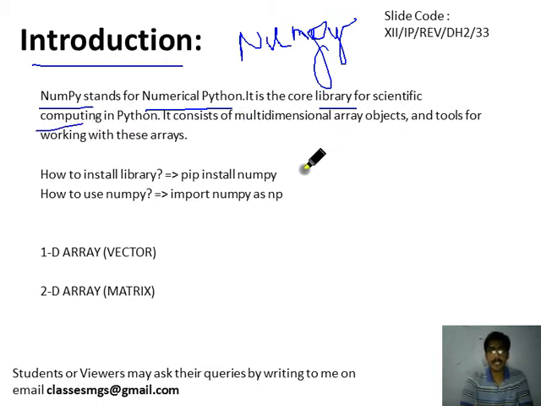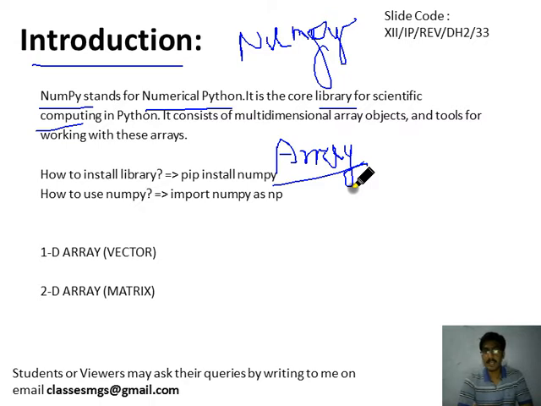It provides an array object and various tools to perform certain operations on the array object, like joining of the array objects, splitting of the array objects, slicing of the array objects, and reorganizing of the array objects.